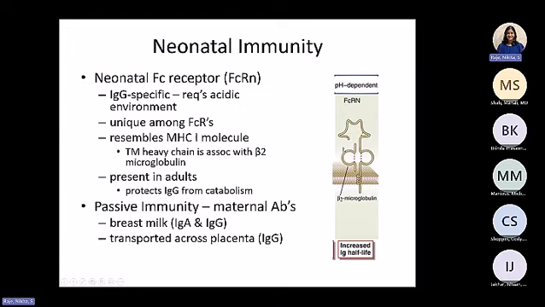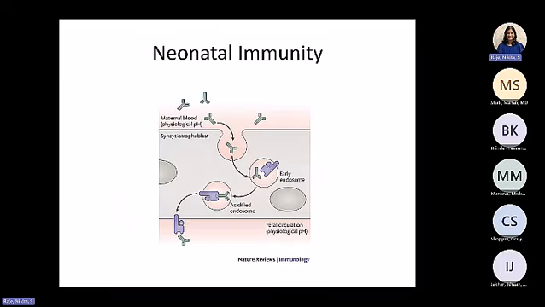So it's very similar to MHC class 1. And the important fact is, apart from neonatal immunity, in adult life, it continues to bind to IgG so that it can give long half-life to IgG because it's bound to the immunoglobulin G. It takes longer for the IgG to be available for catabolism. That way, IgG is protected.